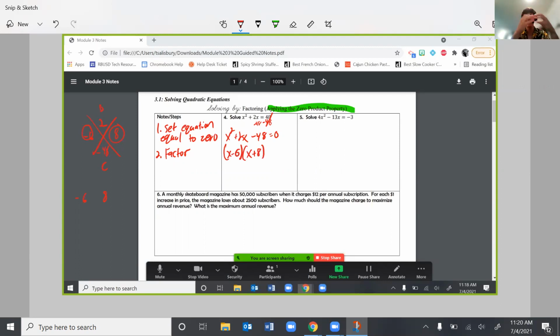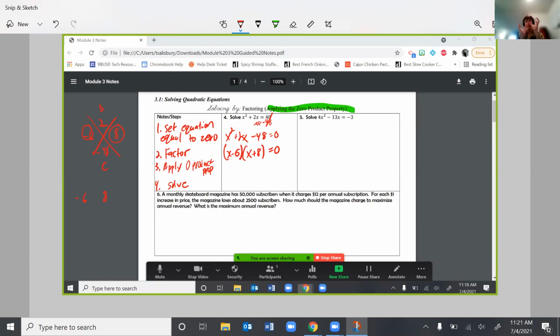This is how we write it. We end up splitting this apart: x minus 6 and x plus 8 equals 0. Now we're going to apply step 3, the zero product property, and step 4 is to solve.